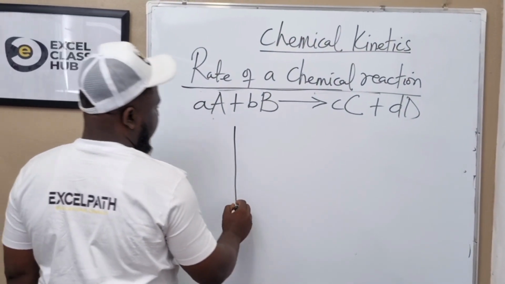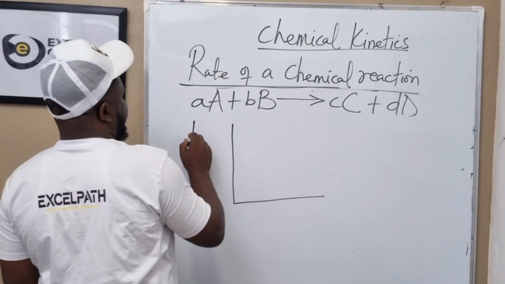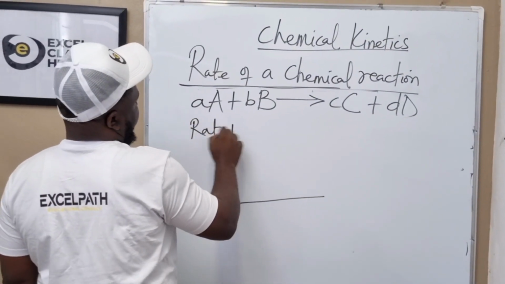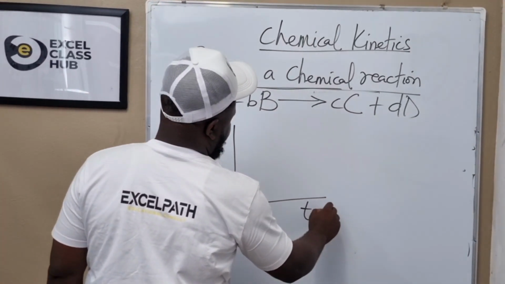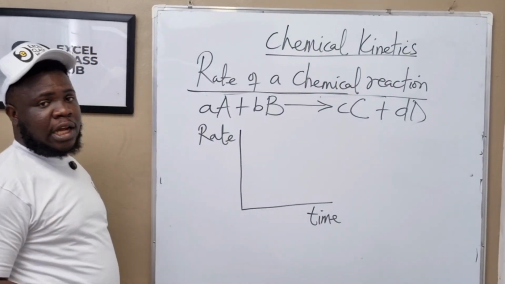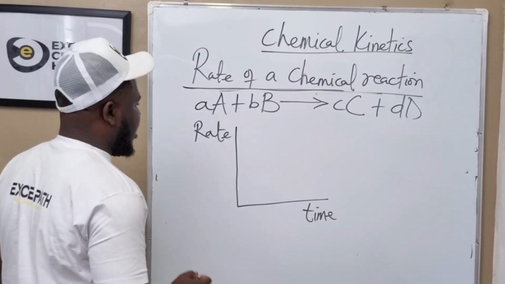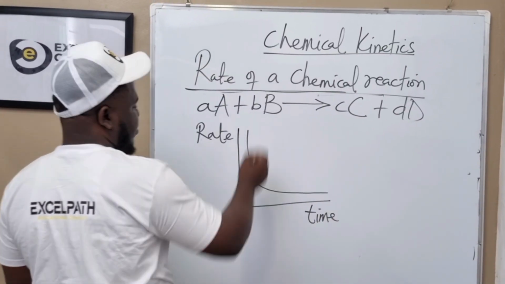So you can have a curve like this, with rates on this axis, then with time on this particular axis. So for reactants, we said that the rate of reaction of reactant normally decreases with time. So that will give us this kind of curve, decreasing with time.